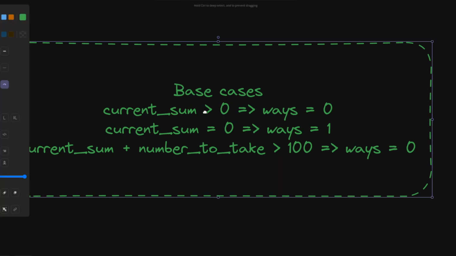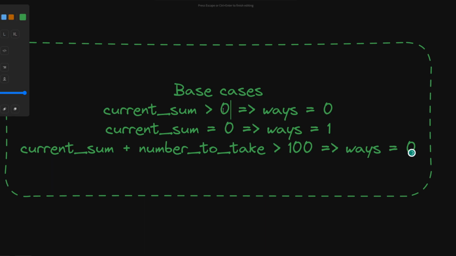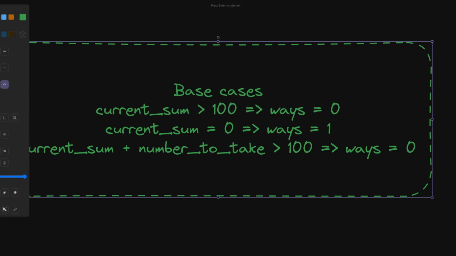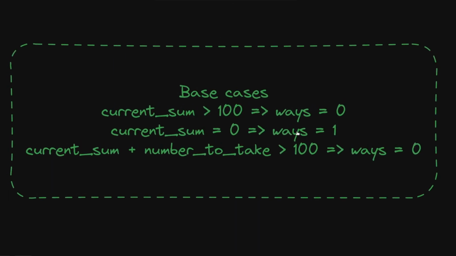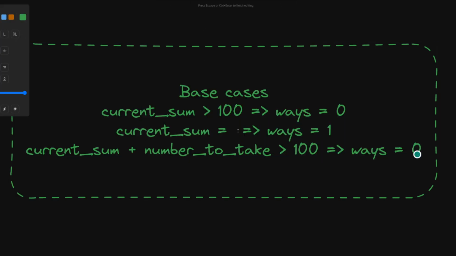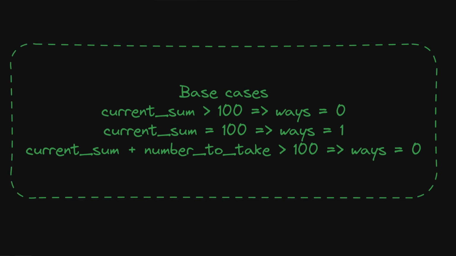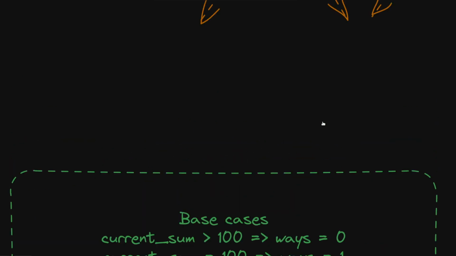Okay, so if the current sum is greater than 100, that means it is never possible to make it 100 because it has already gone past 100, hence the number of ways will be 0 from there. If it reached the value 100, then that means we have found one way to represent 100 as a sum of the numbers, and from there we can return 1. So these are the branches.